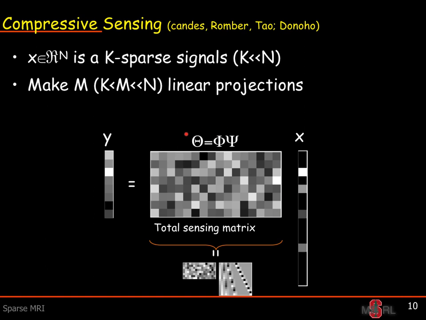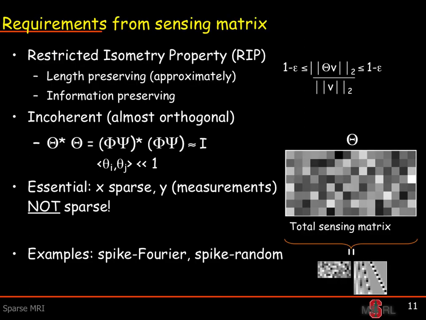So we pull the linear measurement matrix and the sparse basis matrix into one matrix, multiply them together, and that gives us the total sensing matrix.